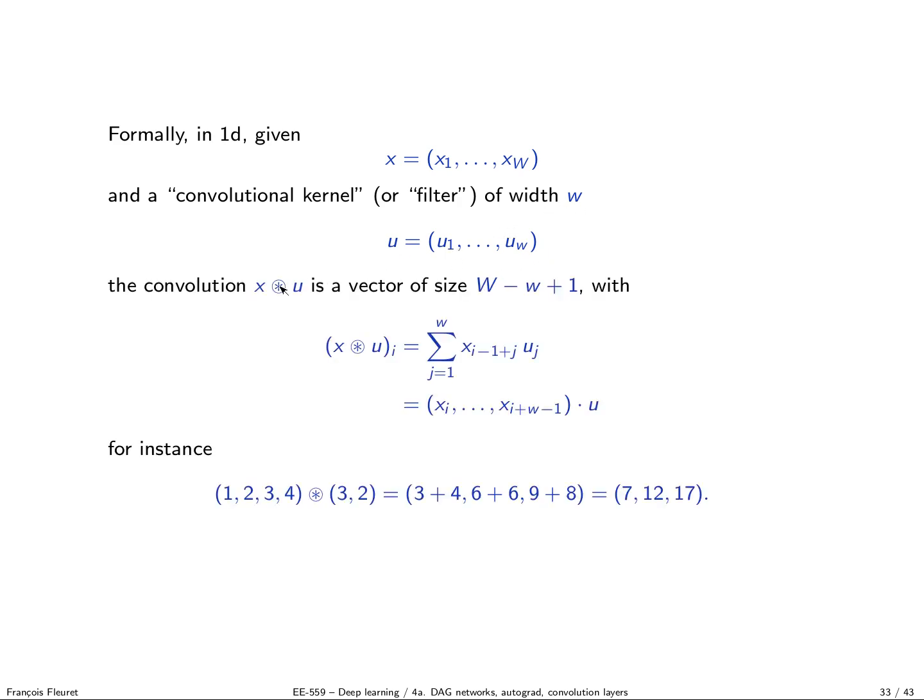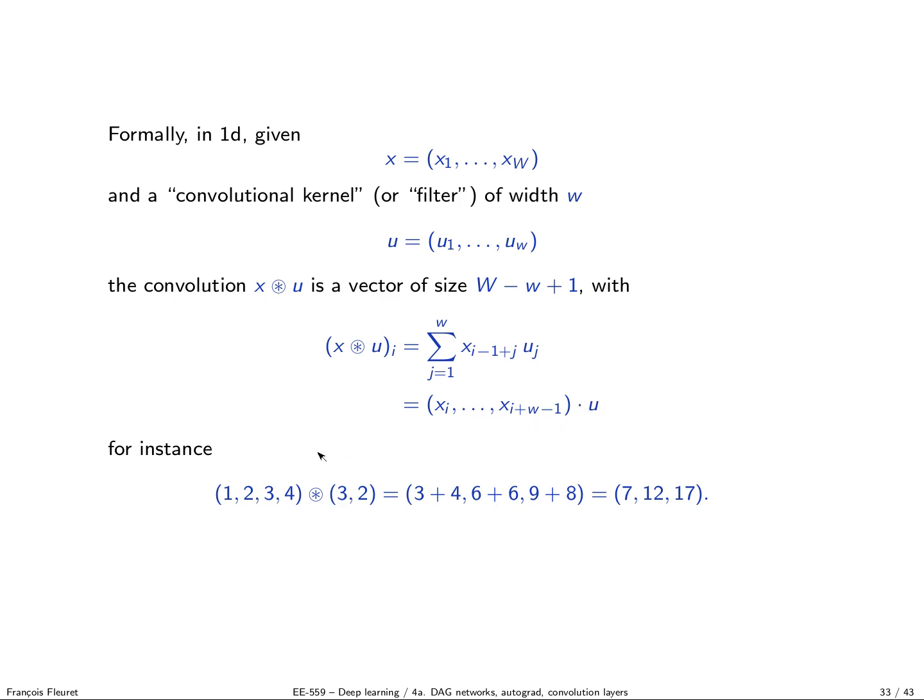Then the convolution, which I'm going to note x convolved with u, is the vector of size big W minus small w plus 1 whose ith value is the sum through the filter of the product with the corresponding part in the signal. You extract a subvector at location i, starting at coefficient i in x, of width small w, so it goes from i to i plus small w minus 1, and you take the dot product.